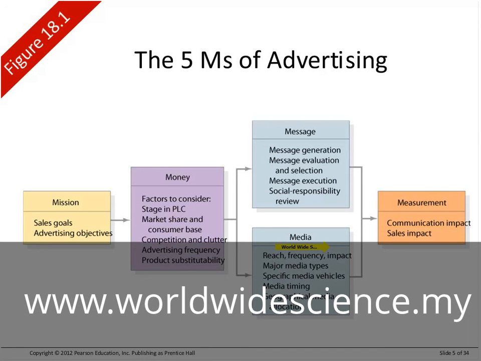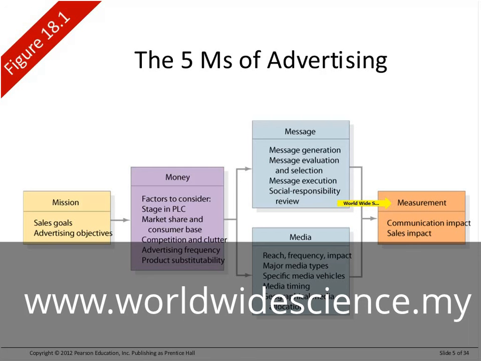Okay, major media types, specific media vehicles, media timing, and also geographical media allocation. This means the properties of geographical and media allocation in the 5Ms of advertising. And finally, like many models, you need measurement. You must check and measure your advertising impact.